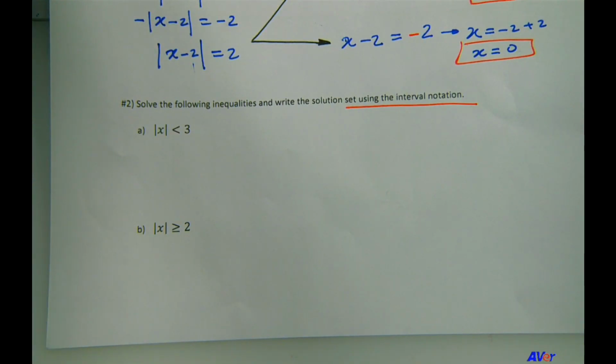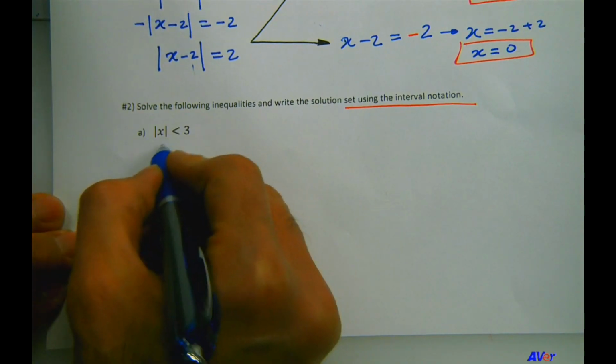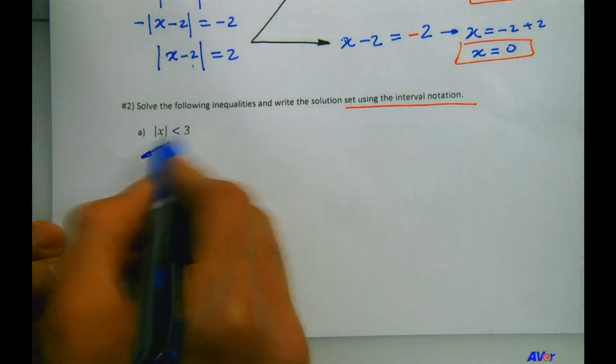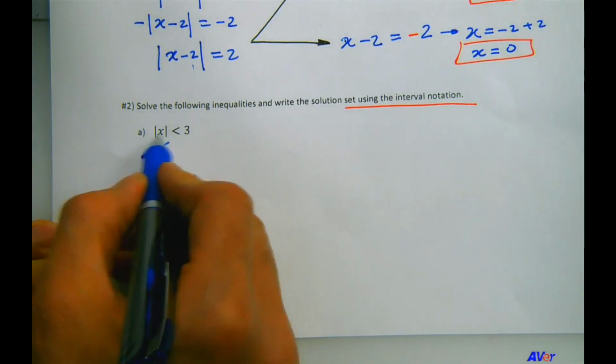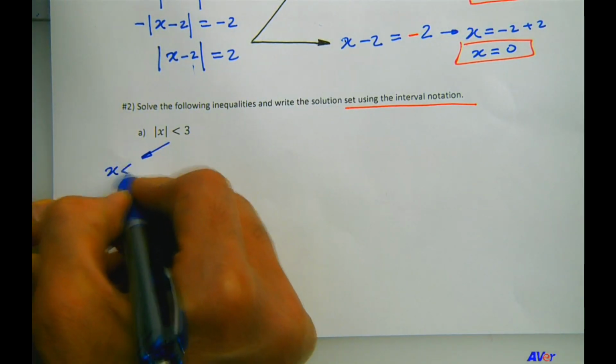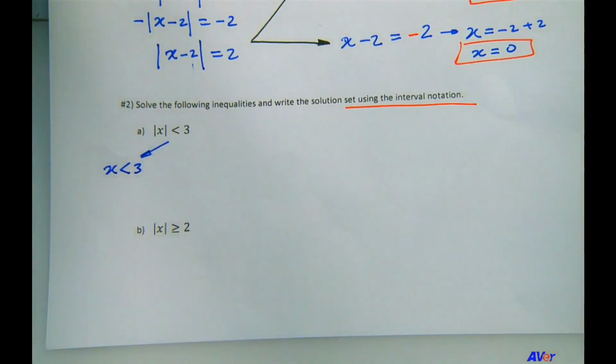Okay, what do I mean? Here's what I mean. We have two solution paths. One is the same inequality with no change, except that the absolute value bars must be gone. So x less than 3. Okay, that's one of the solutions.